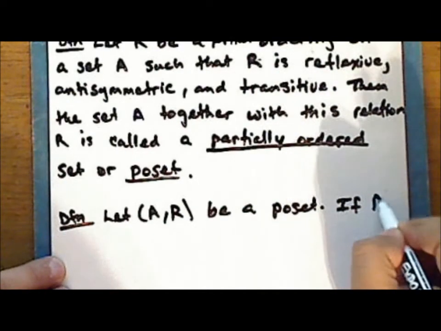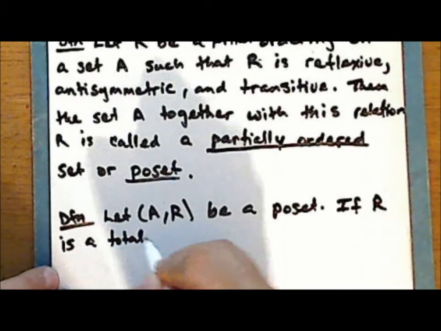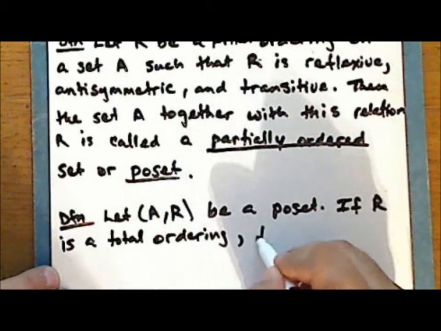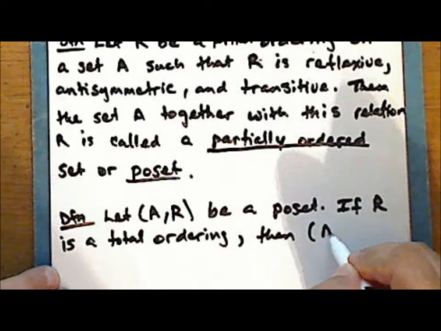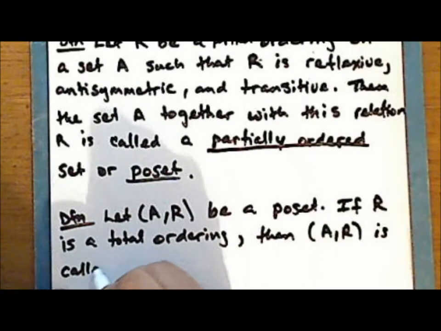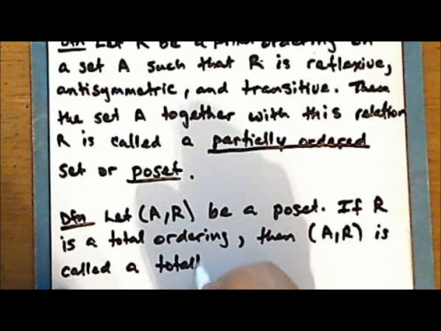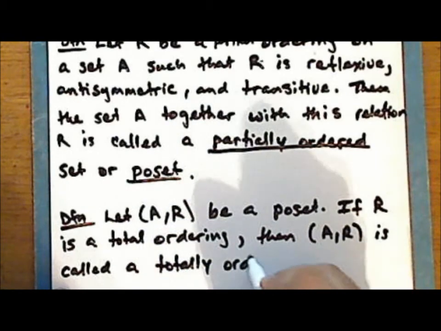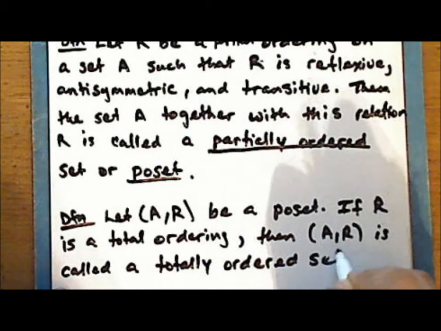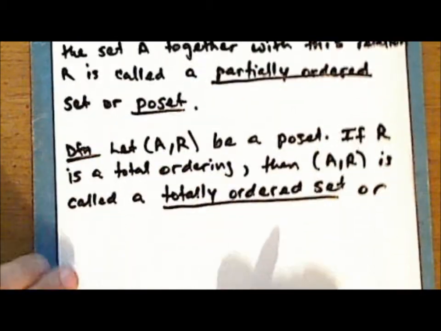If that relation R is a total ordering, then this collection is called a totally ordered set, or sometimes a linearly ordered set.